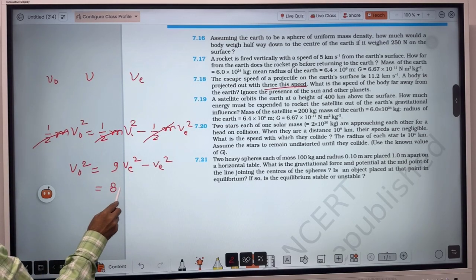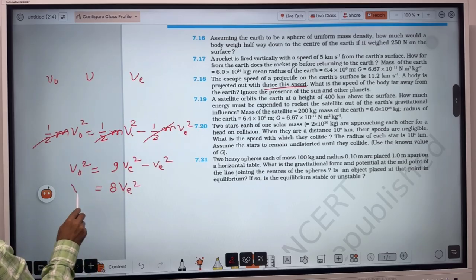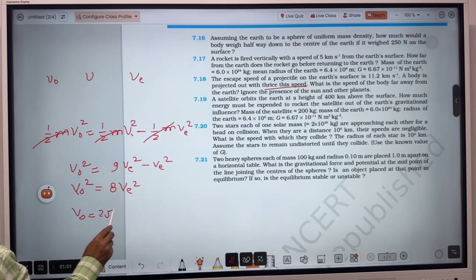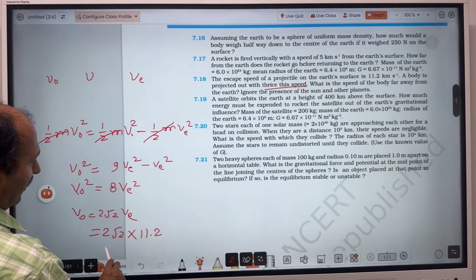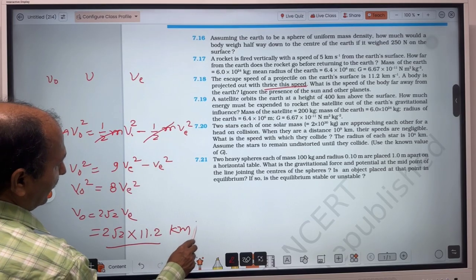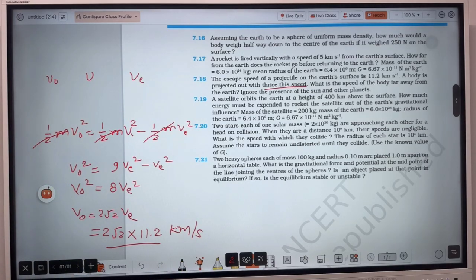So it will become 8 VE square, that is VO square. So VO will be 2 root 2 times VE, and VE is 11.2. So 2 root 2 multiplied by 11.2, and you can evaluate it in kilometer per second. Question is simple.